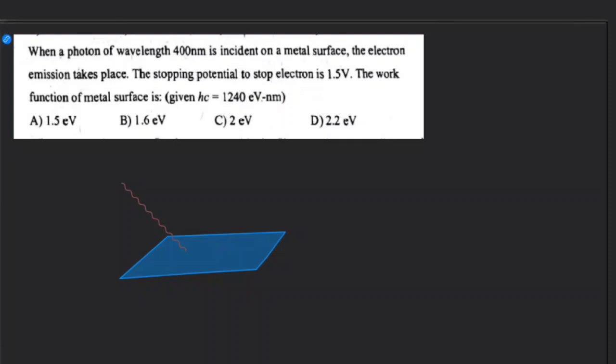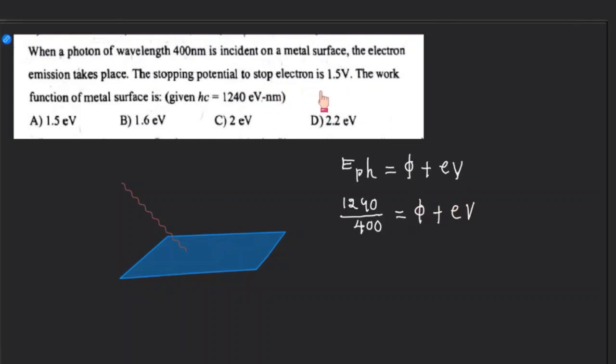You can solve this problem by using this Einstein equation, right? So what is the Einstein equation? You could say Einstein equation is energy of a photon is equal to work function plus kinetic energy, and that kinetic energy can be written as E into V. Now you could say this E_ph can be written as C by lambda, right? So since it is in nanometer, you could say this 1240 by 400 will be equal to phi plus E into this voltage, right?